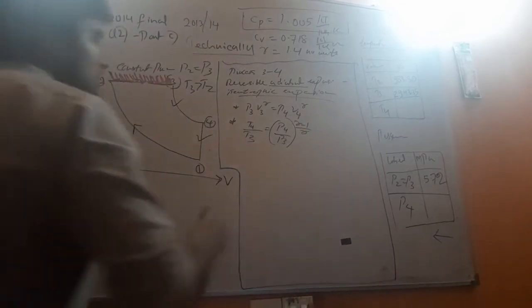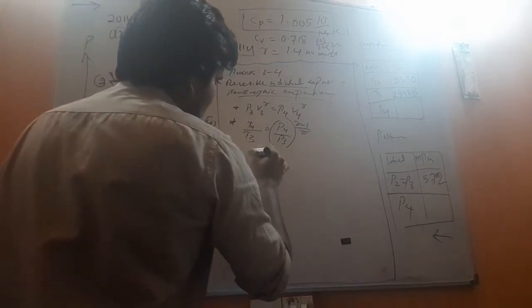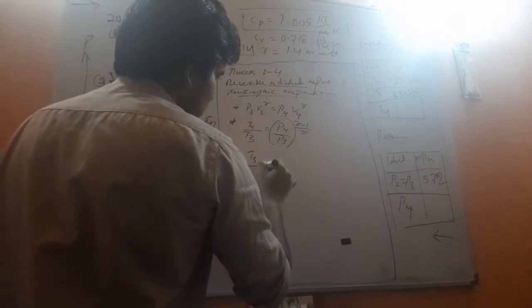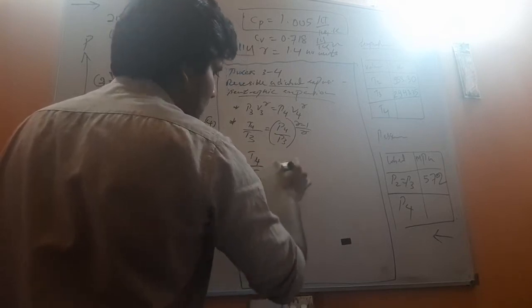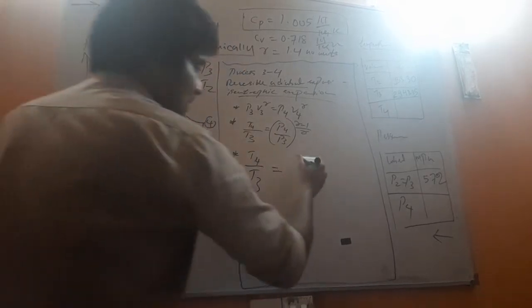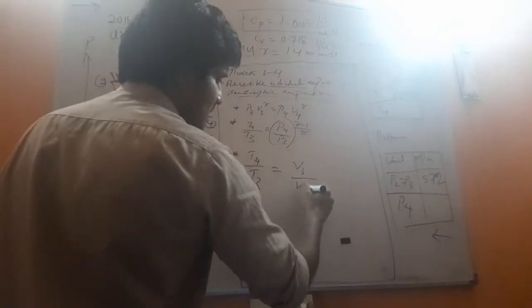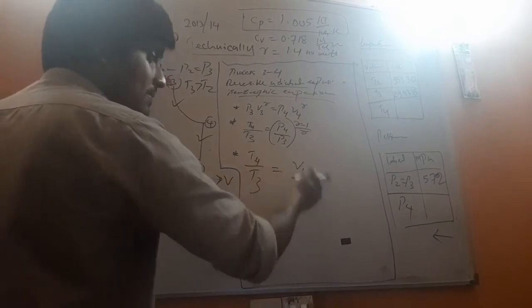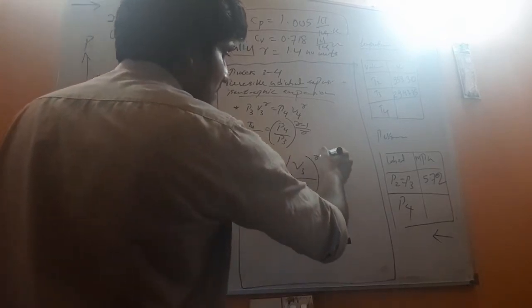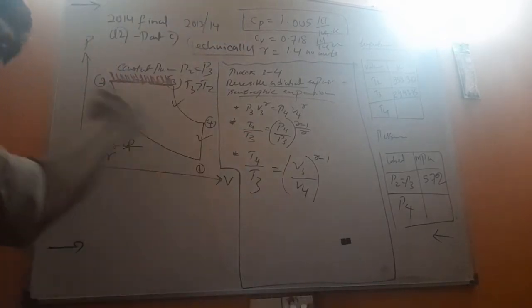Also you can use T4 divided by T3 equals V3 divided by V4 to the power gamma minus 1. So basically we have three relationships and you know that.